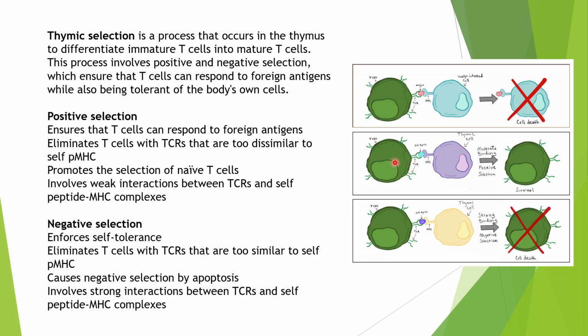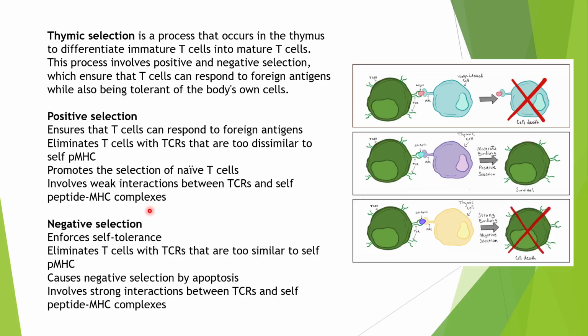So this is your T cell. Your T cell receptors are present, and it is interacting with the MHC of your thymic cells. Your thymic cells here are nothing but your self cells. So it has some sort of interaction, but this is a weak interaction. There is moderate binding. So this will undergo positive selection, and this T cell will survive.